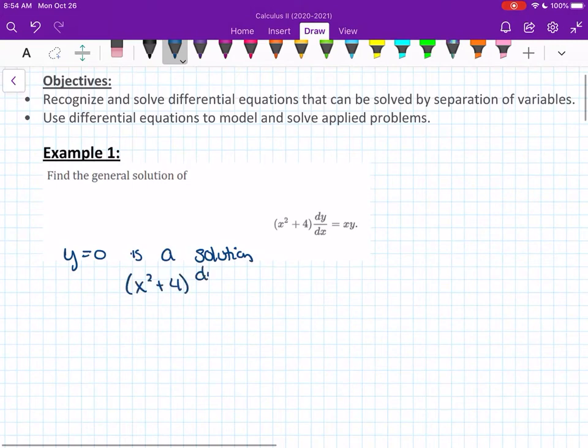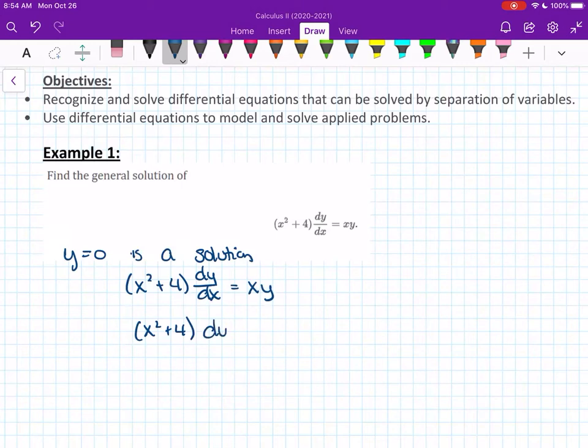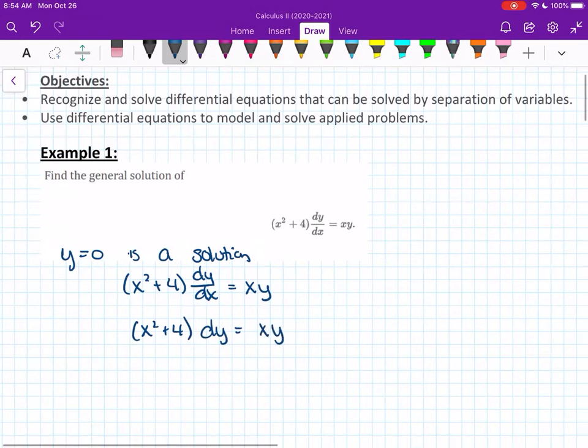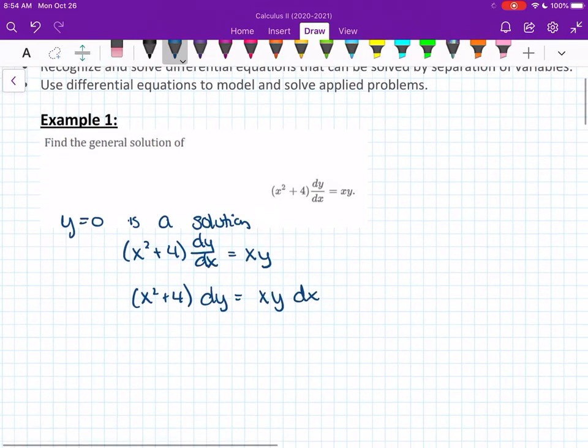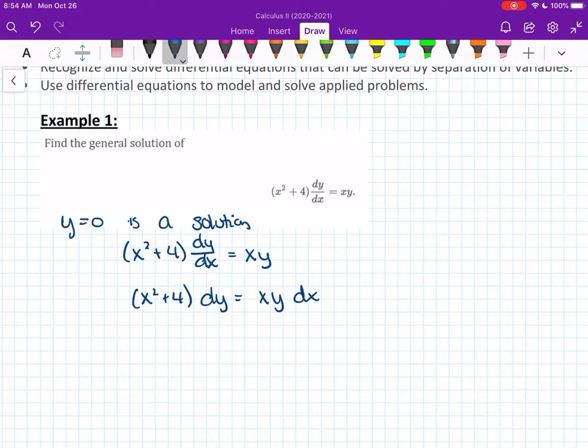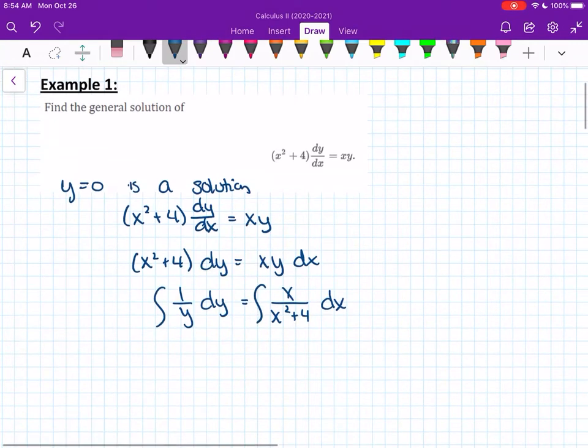Okay, so my differential equation is x squared plus 4 dy dx equals xy. Separation of variables, so I'm going to multiply both sides by dx first, and then go ahead and divide both sides by y and x squared plus 4. So I get 1 over y dy equals x over x squared plus 4 dx.